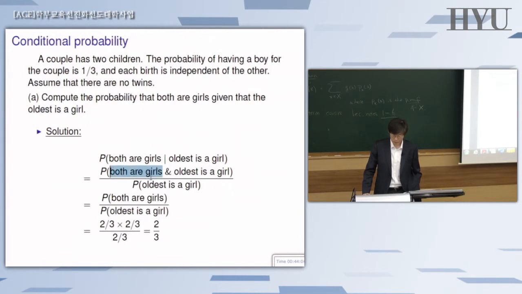But the key part is seeing the fact about the intersection of these two different events. The symbol is another notation for intersection, I mean cap, this one. So the intersection of these two is obviously both of them are girls, because the first part makes certain that the second is also true, but not the other way.